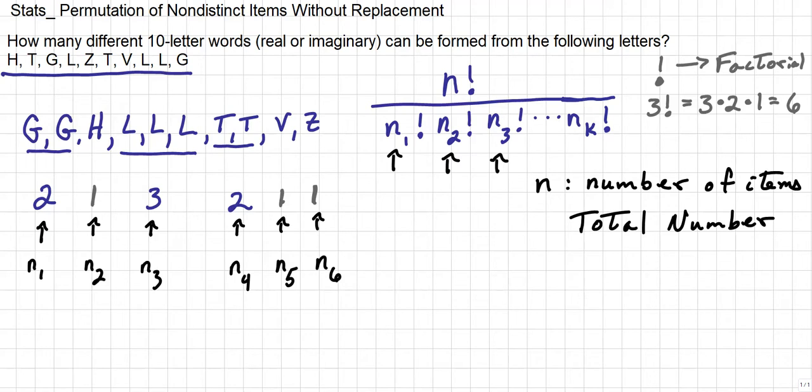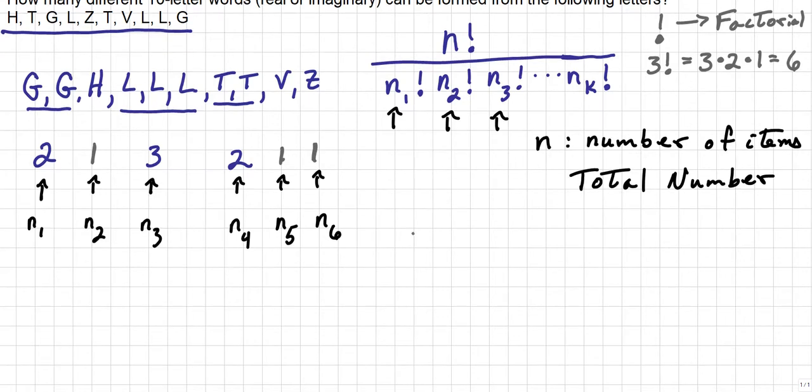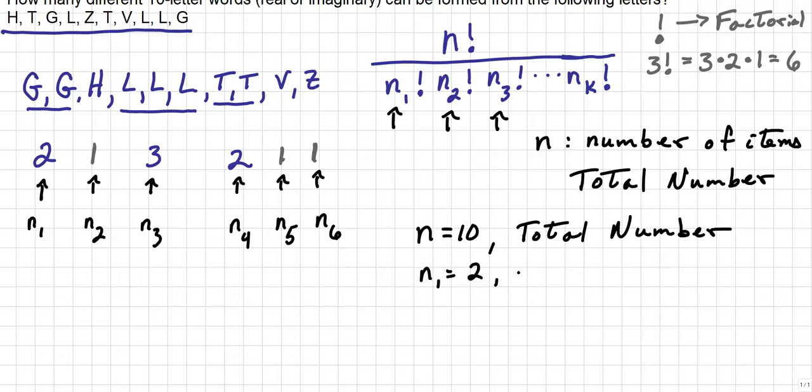So now we need to go ahead and determine what all our n's are. Remember that in this particular case, n is equal to 10. This is our total number of items. N sub 1 is going to be equal to 2, and that's going to be the G's.